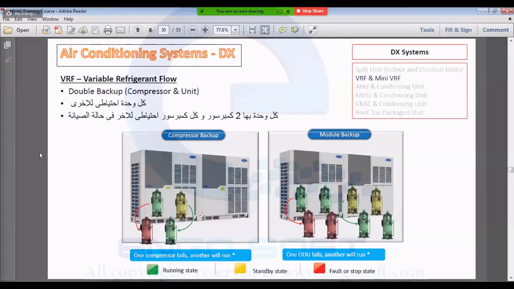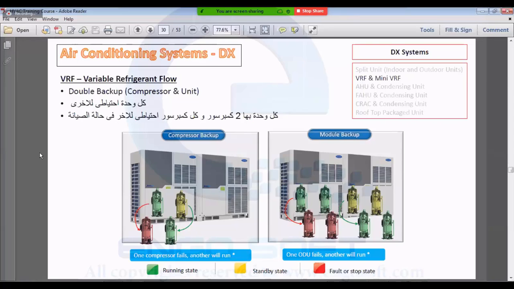So, anything about the VRF unit? No, this one is clear. You see, easy. Lately, last week, we had an inquiry to install a VRF system in a factory.